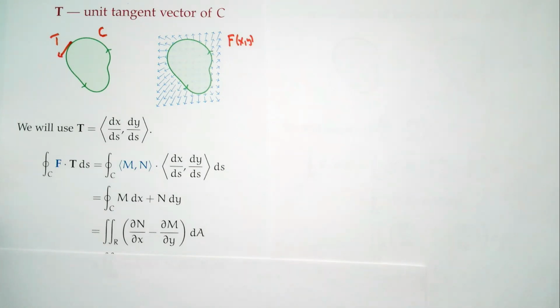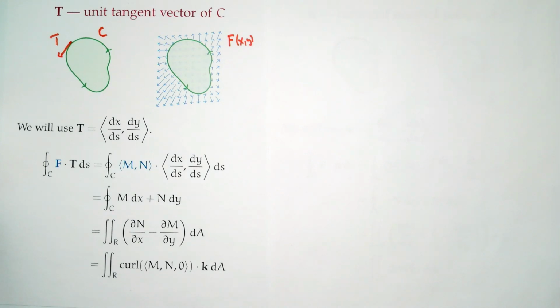If you looked at the curl of M, N, P, partial N partial x minus partial M partial y was the third entry, the very last entry in the curl. And so we can say, okay, that's a piece of the curl. So in particular, it's the curl that you get of M, N, and it really can be anything here, so we'll just put 0.